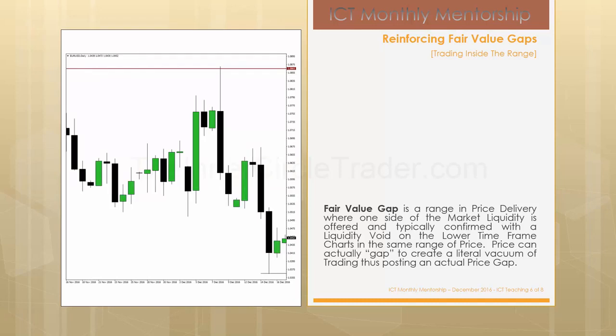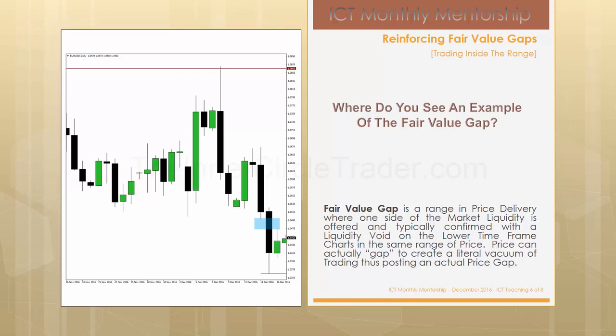Okay, let's take a look at a euro-dollar daily chart. And I'm going to ask you, where do you see an example of the fair value gap? I'm going to draw your attention to it here.